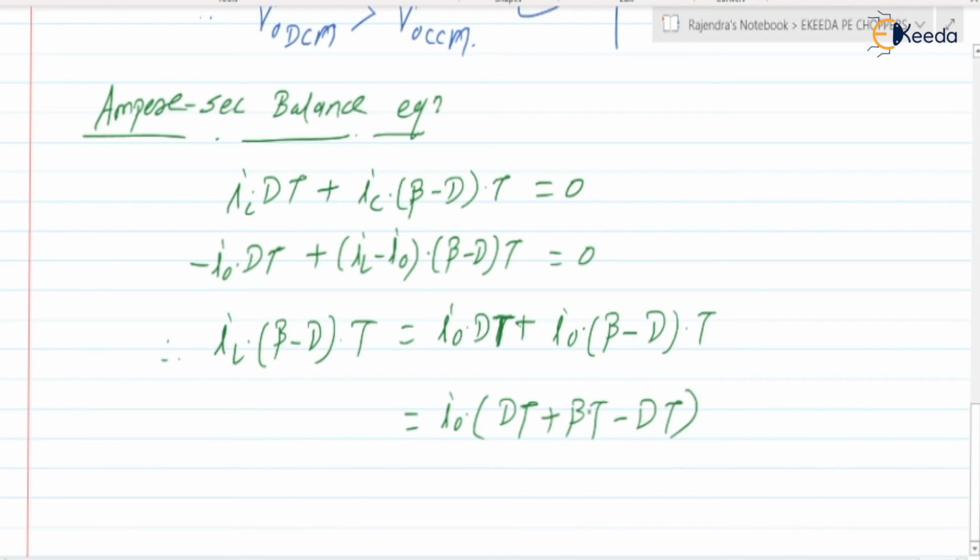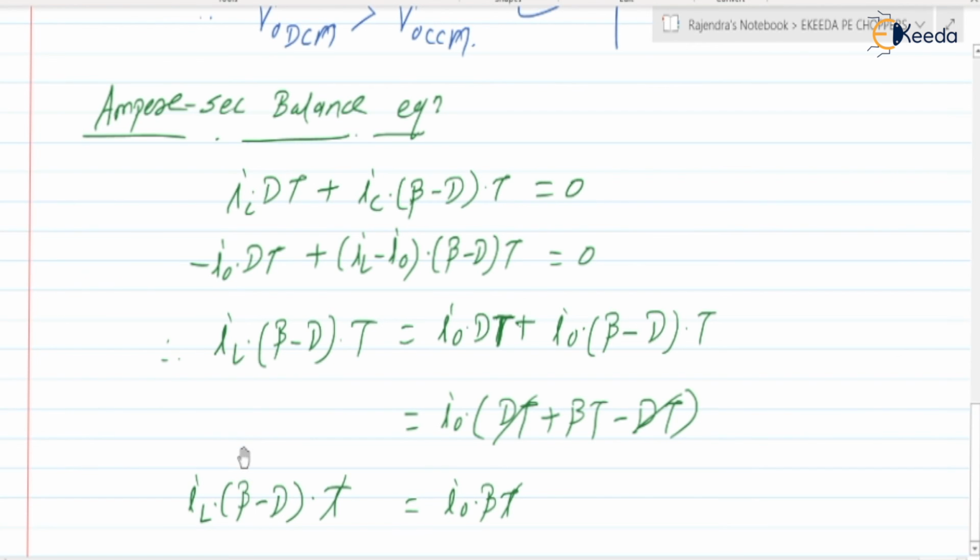So dT will get cancelled, and it is I0 into beta T, and here IL into beta minus d into T. So T again will get cancelled.